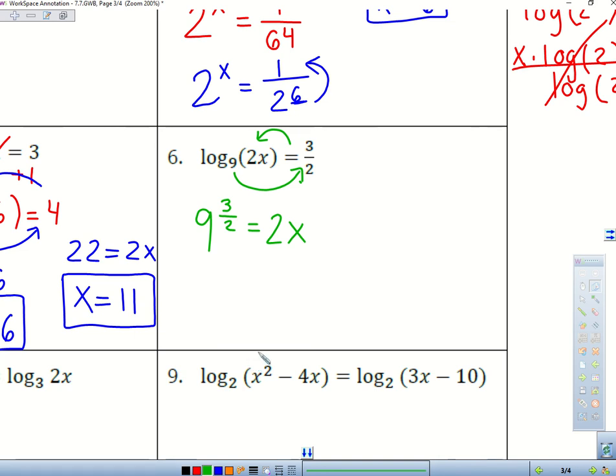What would we do from here? Do that 2 over 3. Good. 9 to the 3 over 2, which I believe is 27. And then everybody knows how to solve it from here. Just divide by 2, and we get 13.5 as our answer.